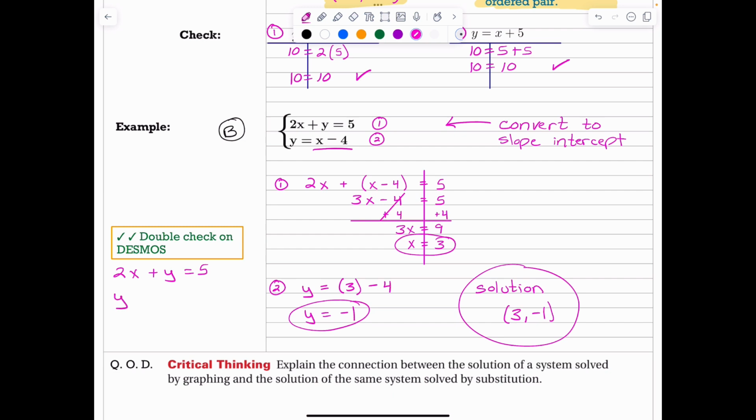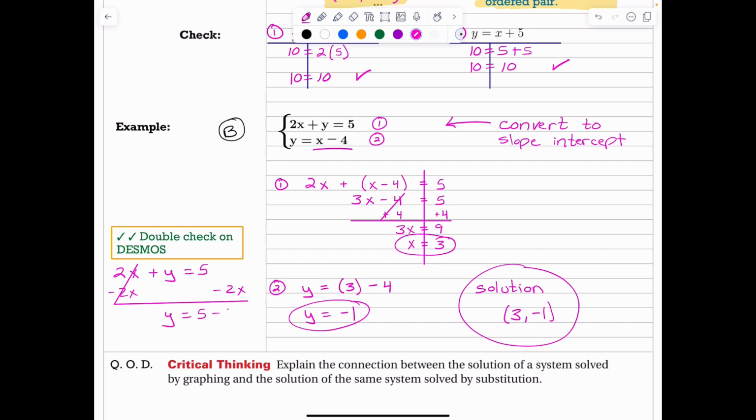So subtract 2x from both sides. Now I skipped a step or two to come up with that. If you want to see it in slow motion, here we go. Subtract 2x from both sides. Bring down the y.